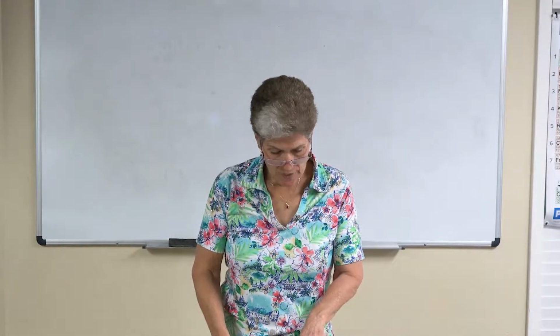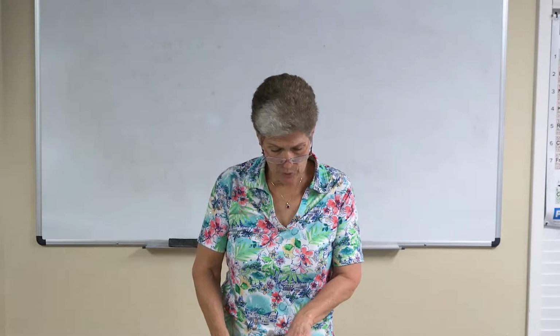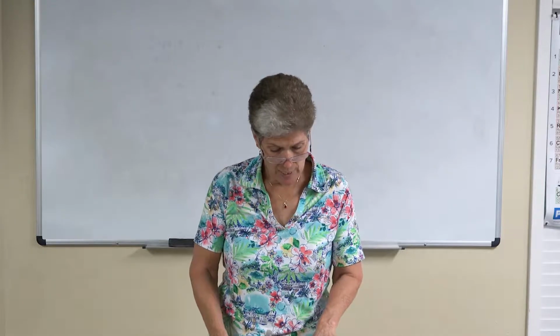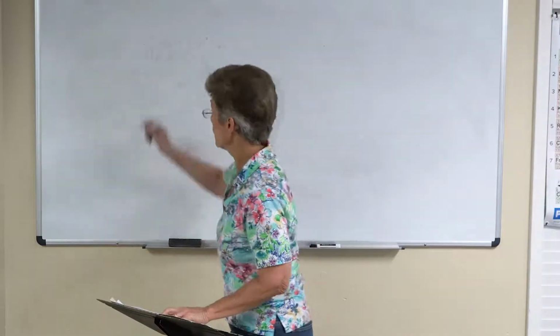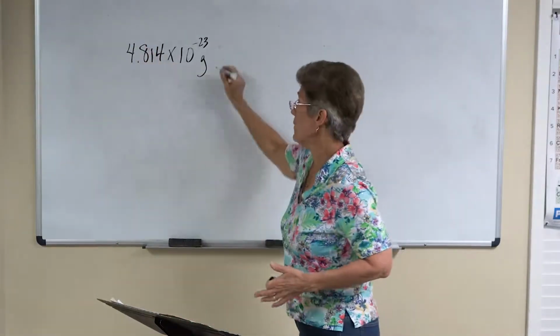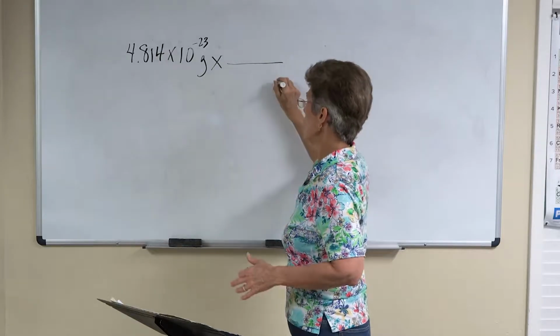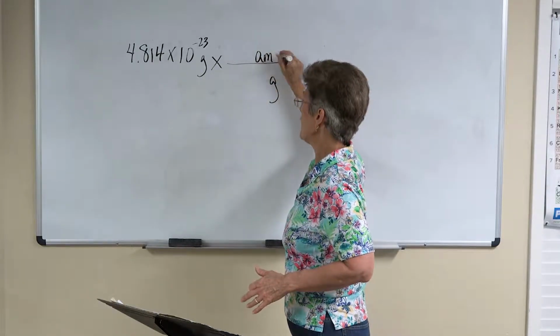Number 2, a specific isotope of silicon has a mass of 4.814 times 10 to the negative 23rd grams. What is its mass in AMUs? Is this the most abundant isotope of silicon? So first, let's start with its mass. Okay, we want this in AMUs. Whatever's here goes here, and we're trying to get to AMUs.